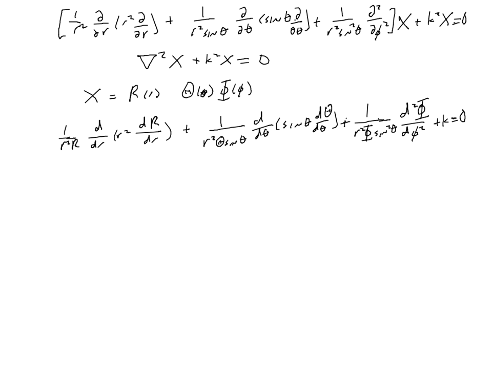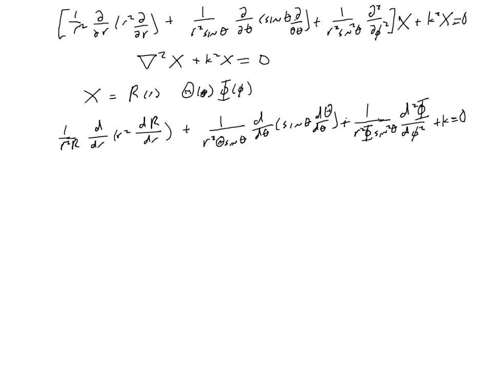All right? So when you look at this, what happens is you can see that the first term only depends on r, but there's r's scattered throughout this whole thing, so it's not quite that simple. The second term depends on theta with no phi dependence, but there's an r here. And the last term is basically just phi, and there's a theta and an r term in there.